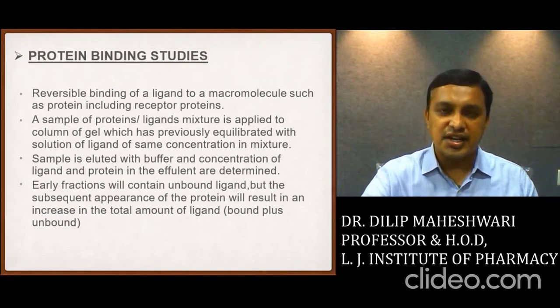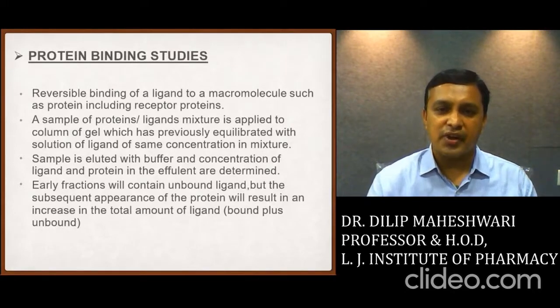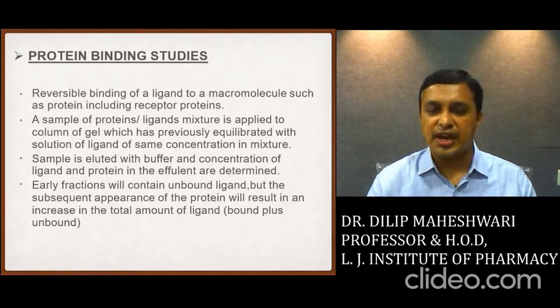Protein binding studies can also be done by gel chromatography or size exclusion chromatography. This involves reversible binding of a ligand to a macromolecule such as a protein, including receptor proteins. A sample of protein or ligand mixture is applied to a column of gel which has previously been equilibrated with a solution of ligand of some concentration. The sample is diluted with the buffer and the concentrations of ligand and protein in the effluent are determined.